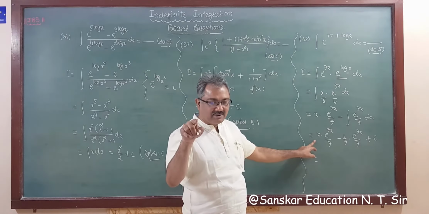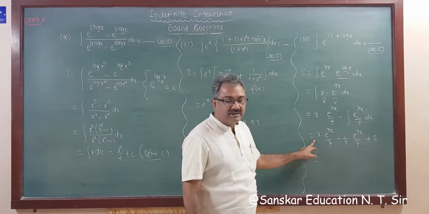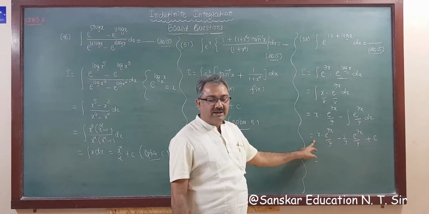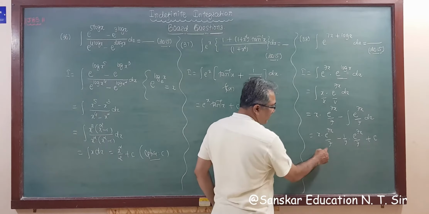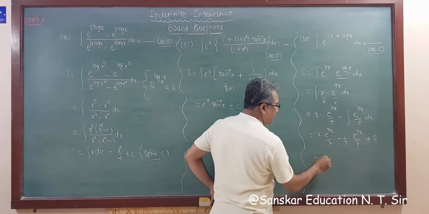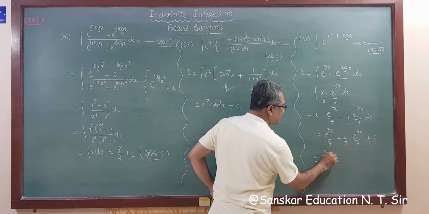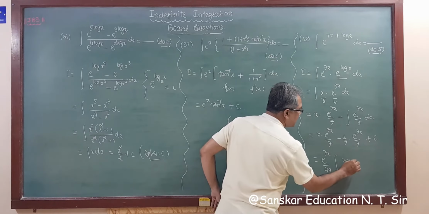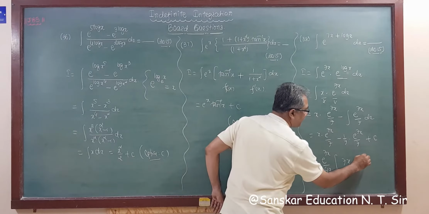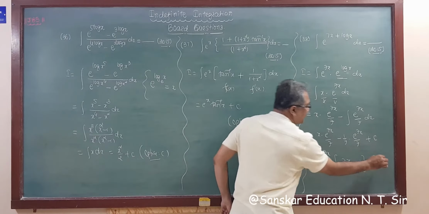So the answer will be, according to the given answer in question number 38, we have to take e raised to 7x by 49 common. So we have to multiply by 7 and divide by 7 here. So e raised to 7x divided by 49 is the LCM, and the answer is 7x minus 1 plus c.